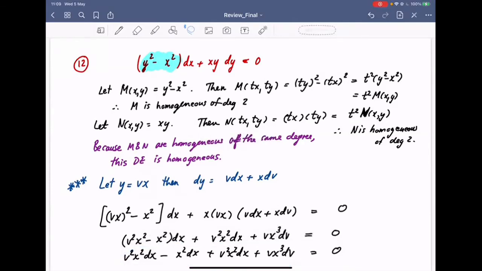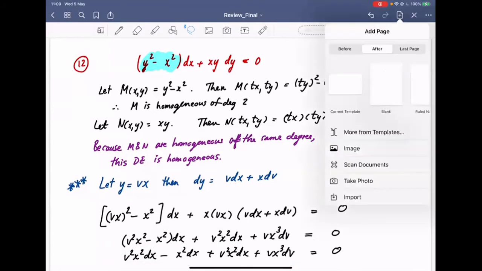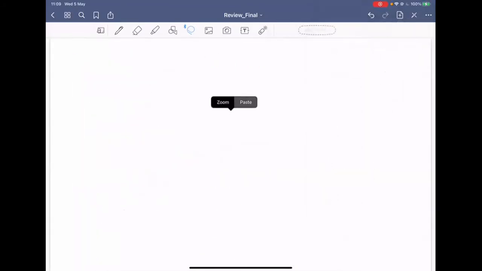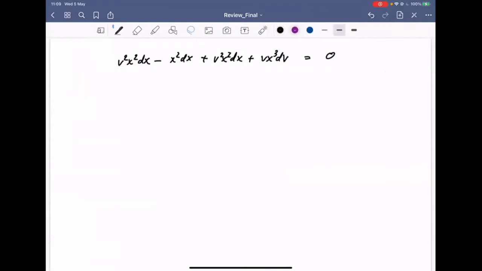I'm not sure if this is similar to the example in class, but I'm so familiar with this question that maybe it was in class already. I'm going to group the first terms to get 2v squared x squared dx minus x squared dx, and move the negative v x cubed dv to the other side.